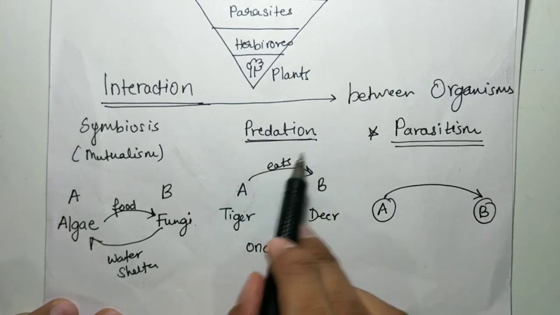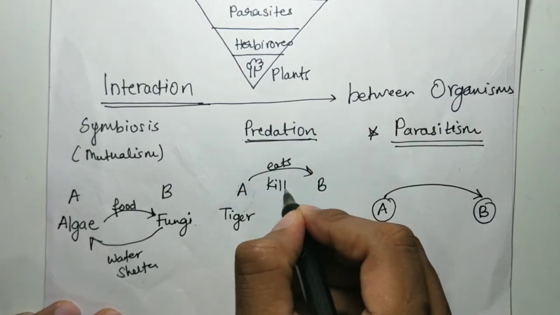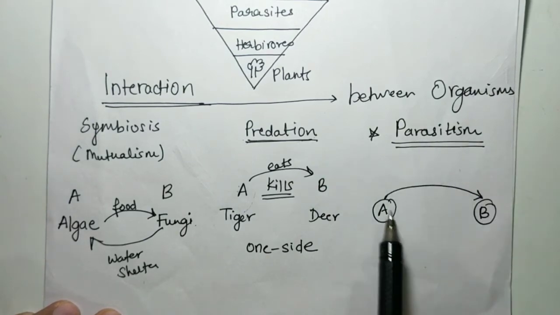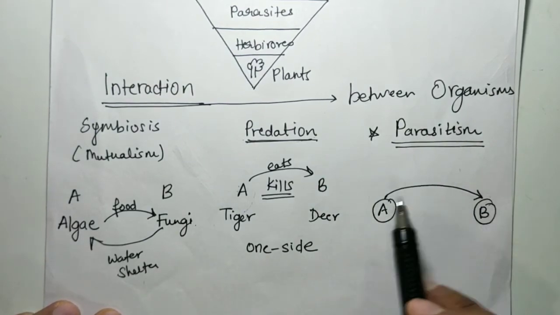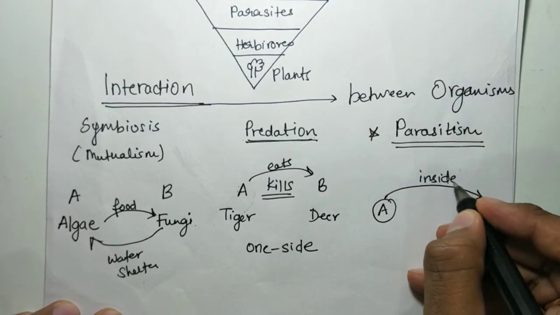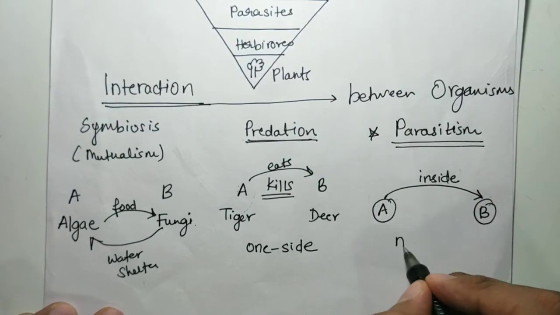See, in predation one organism kills another organism. He directly kills it, so the relationship ends. But in parasitism there is a relationship, they both are living, but one is living inside another, and there is a negative relationship.